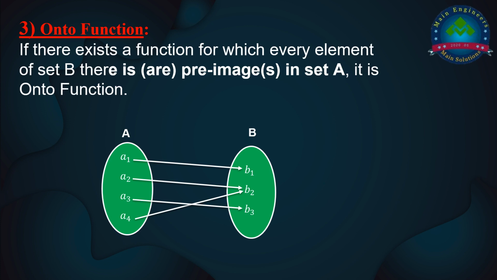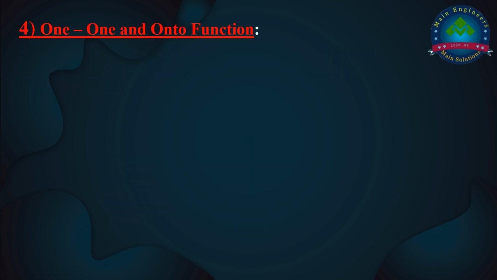So we can say here set A and set B is an onto function. Most important is there should not be any remaining member here. If there is a remaining member, then it is not an onto function. If there is no remaining member here and each element of set B has a pre-image in set A, then those type is called onto function.